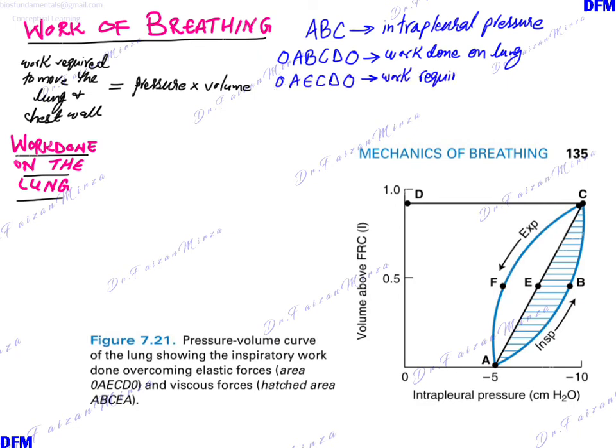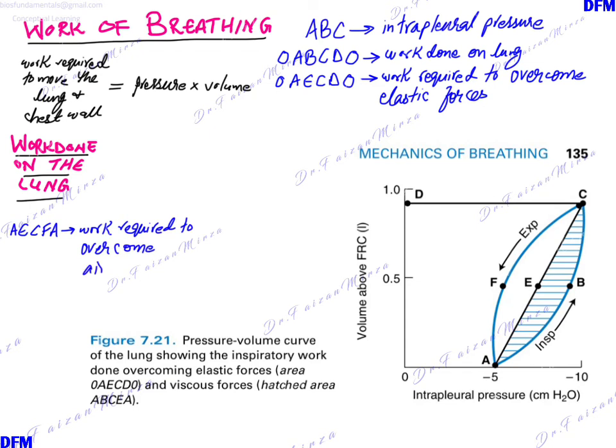Whereas OAECDO is the work required to overcome the elastic forces, so we have subtracted this region from there. So that's the work required to overcome the elastic forces. AECFA, which is A, E, C, F, and A, this region is the work required to overcome the airway resistance and the tissue resistance in the lungs.